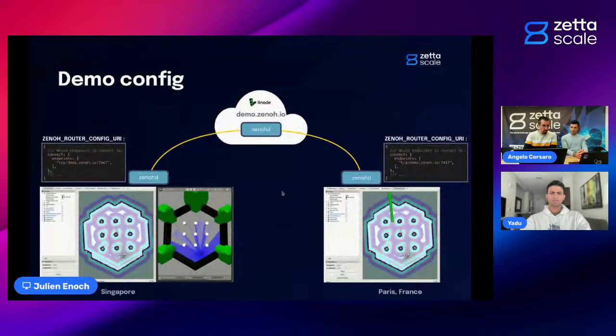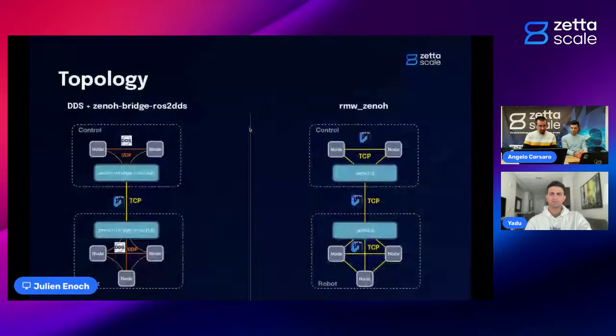We had this Zenoh router running on a host in the Linode Cloud at demo.zenoh.io, and we just changed the router configuration, adding a connect endpoint to tcp/demo.zenoh.io port 7447. As it's an outgoing TCP connection, there is no need to configure any port forwarding with a NAT or so on. The router is routing back the traffic from the same incoming TCP connection, and we are in business. Quite simple.